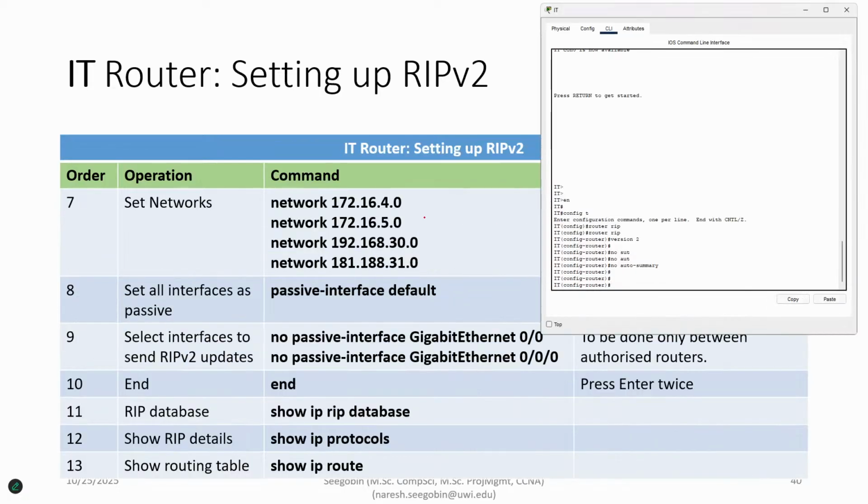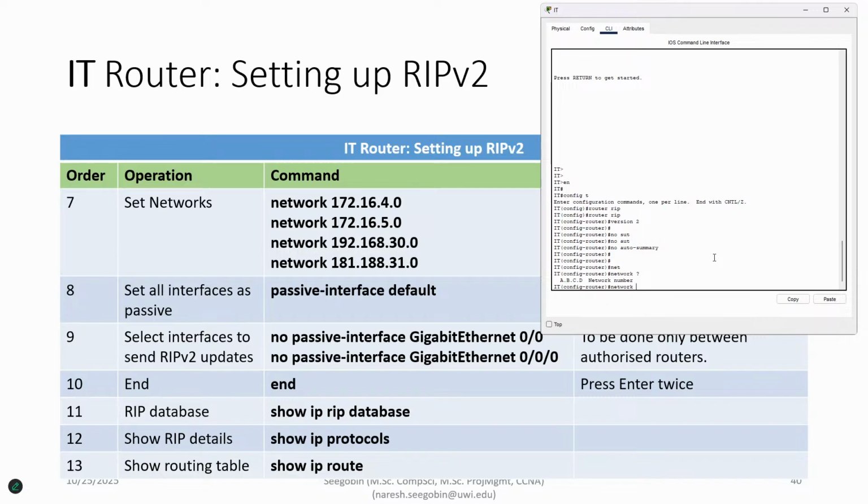And we already learned what the IT network is, that's where we pre-planned it, right? We're already in RIP config, we're going to do network 172.16.0.0, 192.168.30.0, and you'll notice I do this one as well.